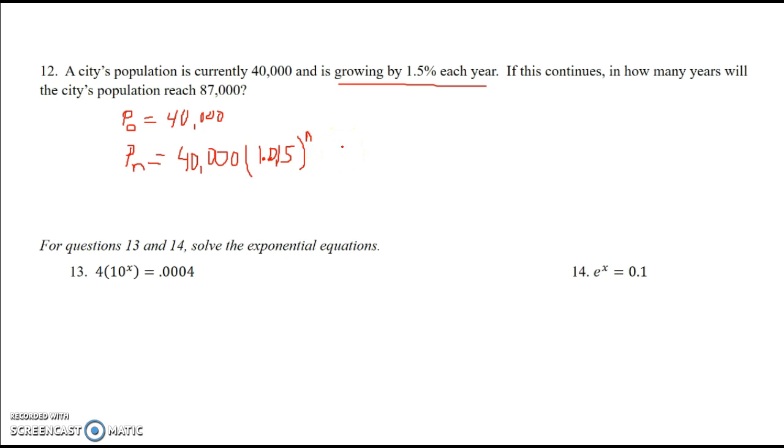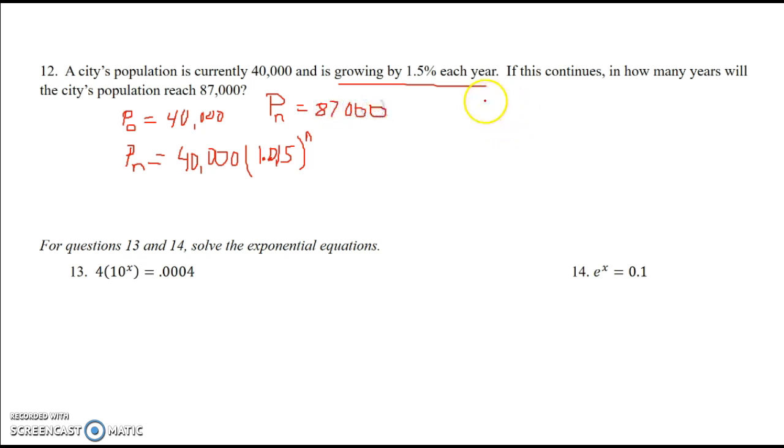Now, I need to find out what n is, okay? So this is going to be a little bit different. So I know that I want to find out what n is when P sub n is 87,000.